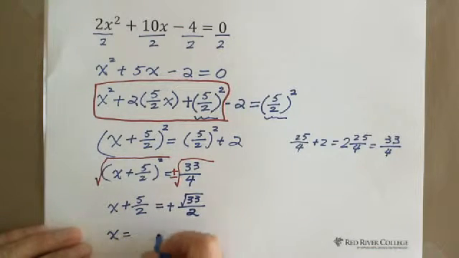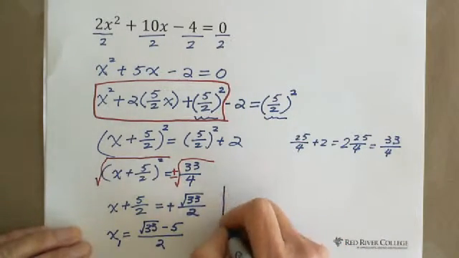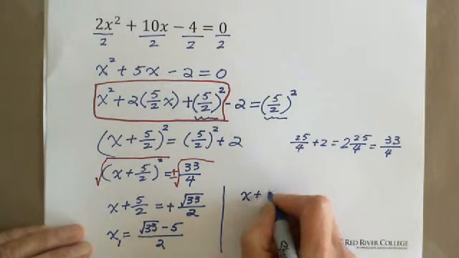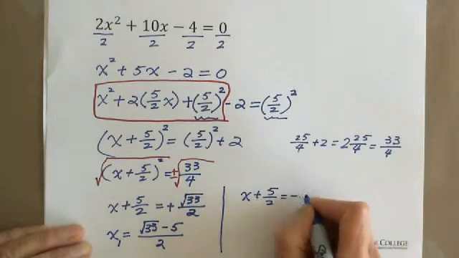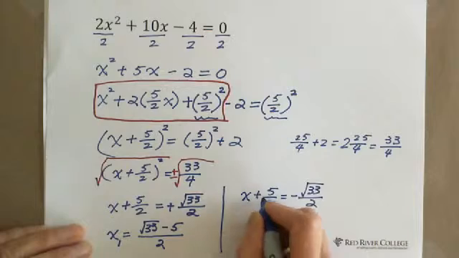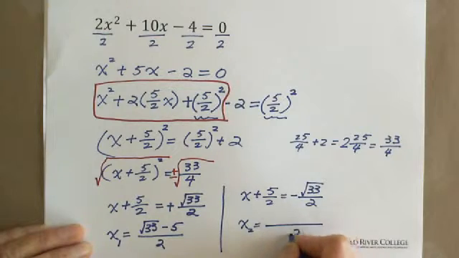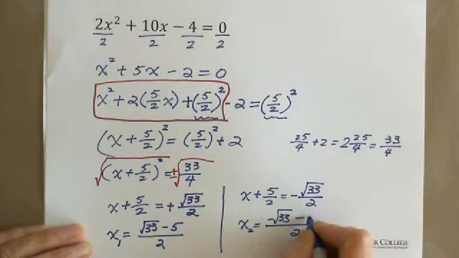Both have denominator 2, so x1 equals (square root of 33 minus 5) over 2. The other solution is x plus 5 over 2 equals negative square root of 33 over 2, and moving to the other side, x2 equals (negative square root of 33 minus 5) over 2.